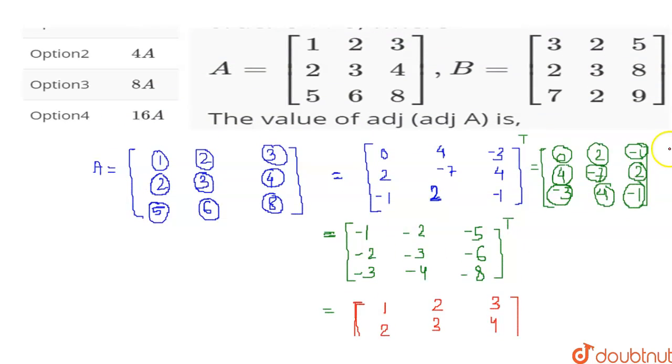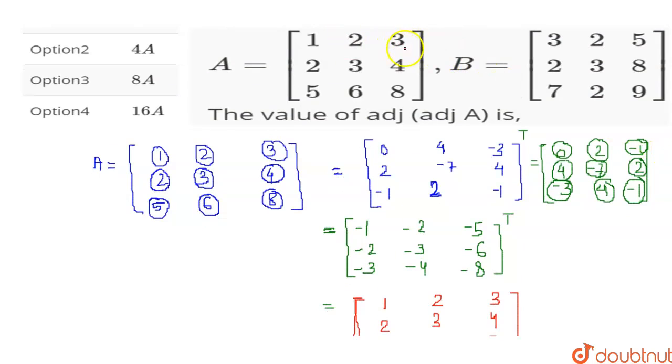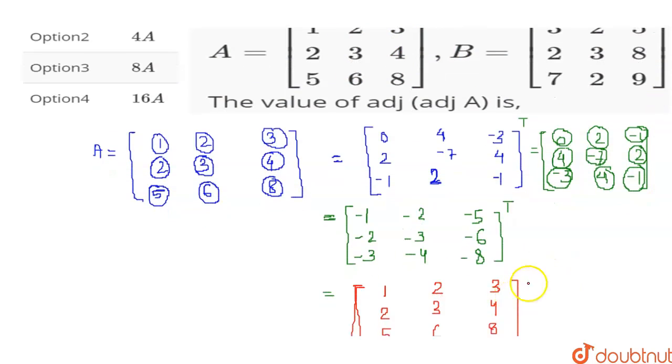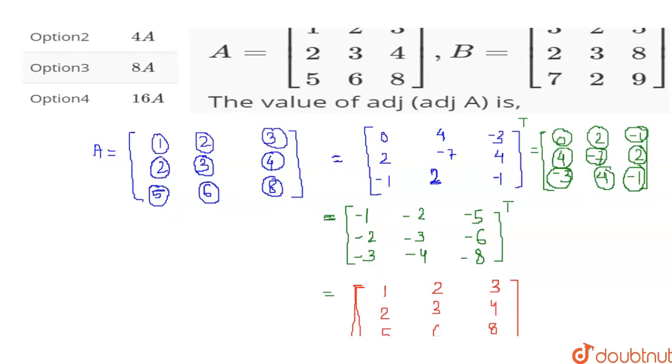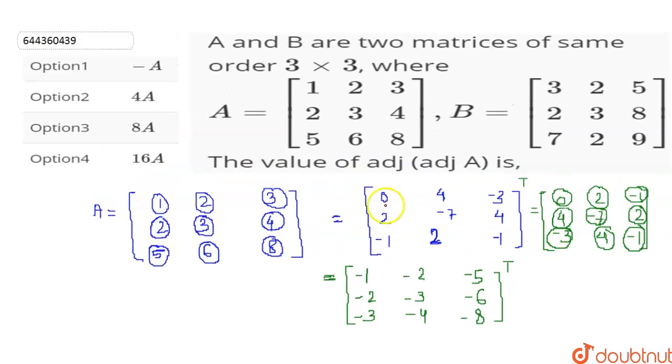Now we have the matrix A, that is 1 2 3, 2 3 4 and 5 6 8, and this is also the similar matrix which we have obtained. The negative sign is a common sign because all the entries of this matrix have a negative sign, so we can say that the adjoint of adjoint of A is actually minus A. So this is the appropriate option to this question.